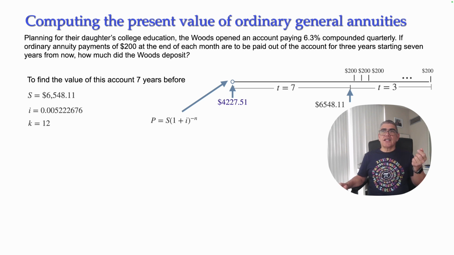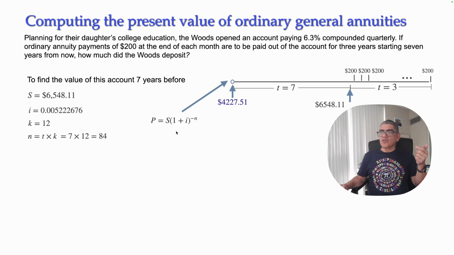So the number of conversion periods, taking into account this periodic rate of interest, will be 12 per year. Then n will be 7 times 12, which is 84. So if we put this 84, this i here, and the future value that we have, we are going to get the same answer for sure.